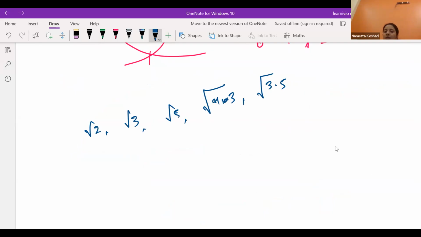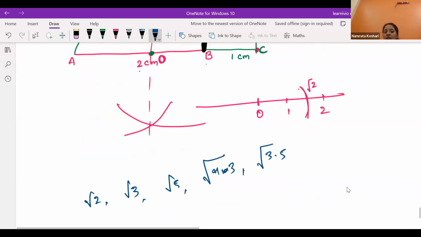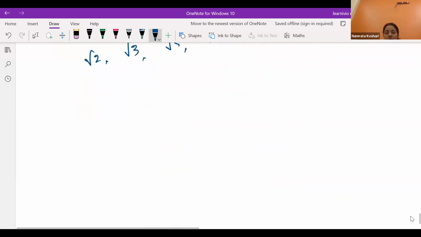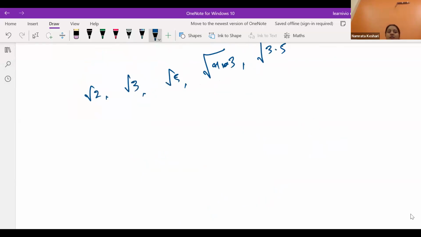Now we will be discussing how to rationalize. Let me check in the book what is the next part. So today let's discuss how to rationalize.